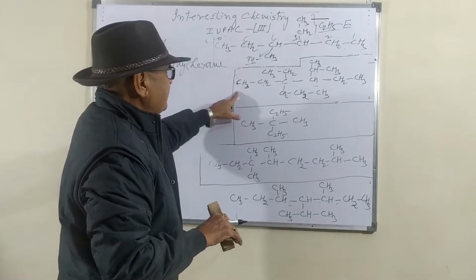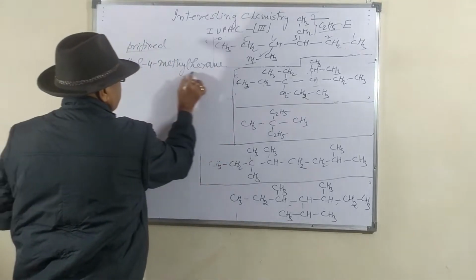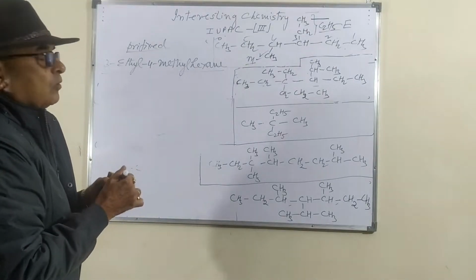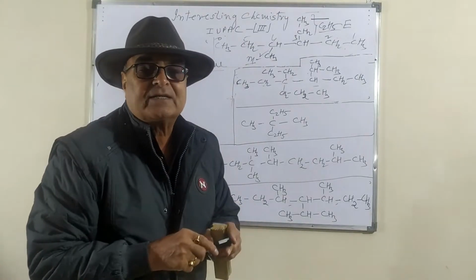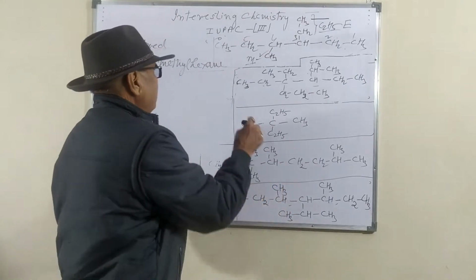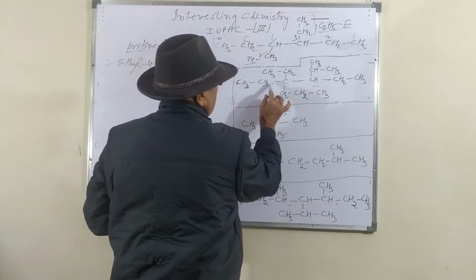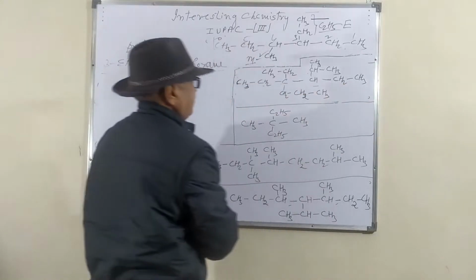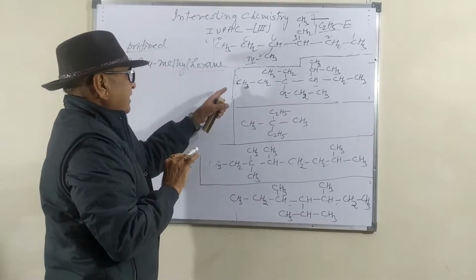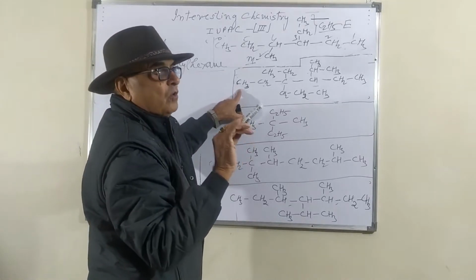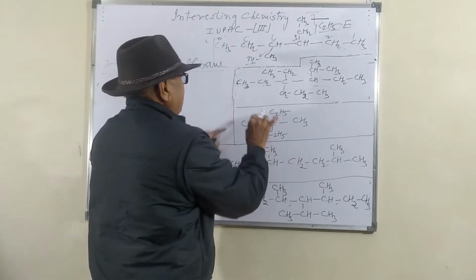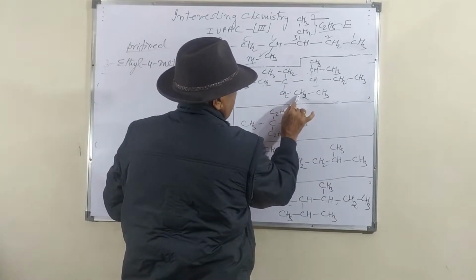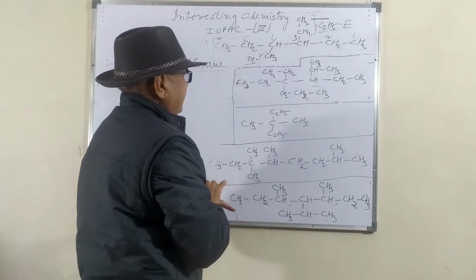Now come to the second structure. What will be the name of the second structure? Now I tell you. Again, select the longest chain. You will find here 1, 2, 3, 4, 5 and 6. So this chain has the longest chain of 6 carbons. Again, we try another path: 1, 2, 3, 4, 5 and 6 carbons.